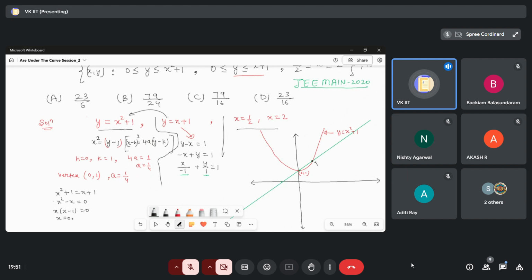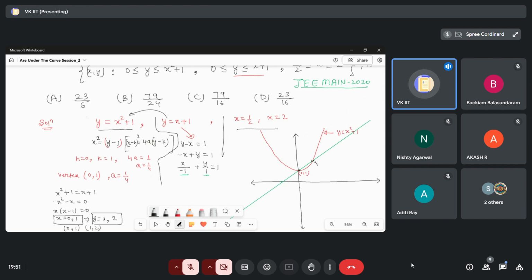It means two points we will be getting, 0 and 1. If x is equal to 0, y is equal to 1. If x is equal to 1, y is equal to 2. So the points are 0 comma 1 and 1 comma 2.